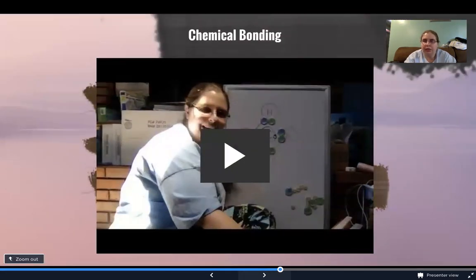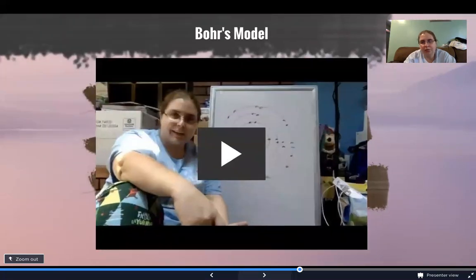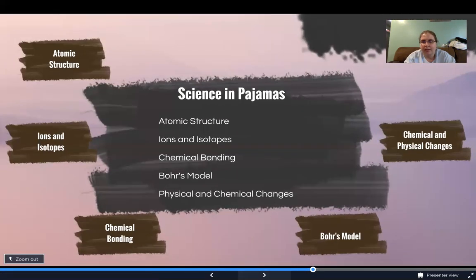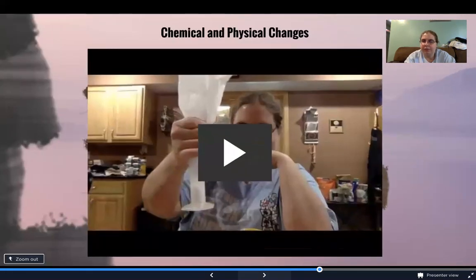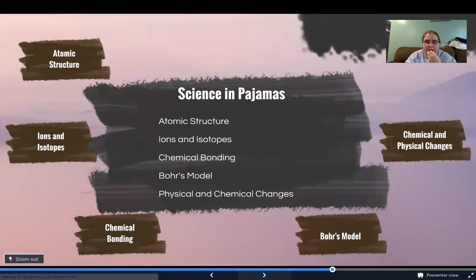Chemical bonding, where we talk about ionic and covalent bonding, as well as van der Waals forces. We also talk about the Bohr model and how to draw it. We're not going to do a whole lot of that in class, but it might be helpful for you to have a basic understanding before you get to chemistry. And then finally, we have chemical and physical changes, where I do some demonstrations to show you the difference between those.